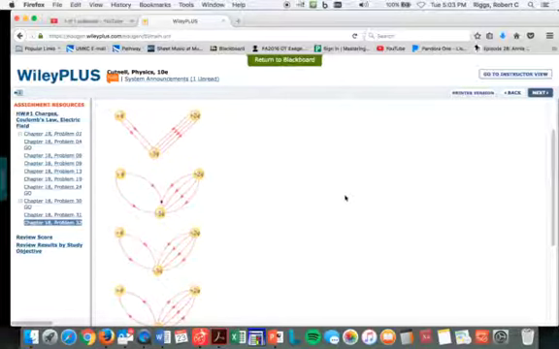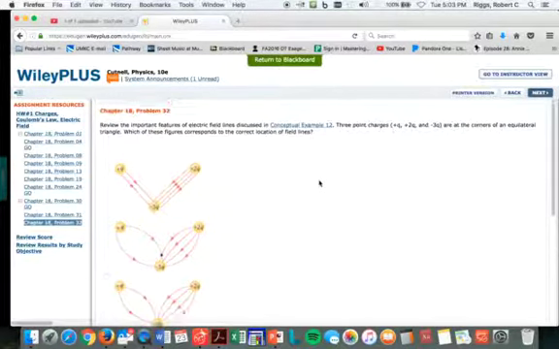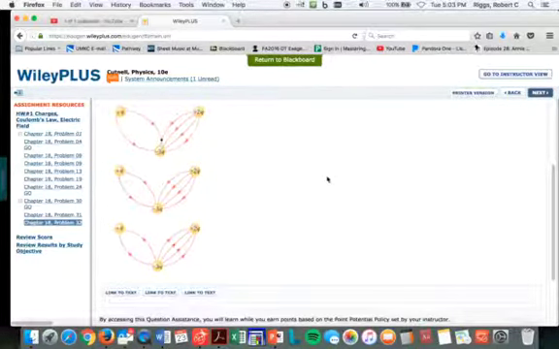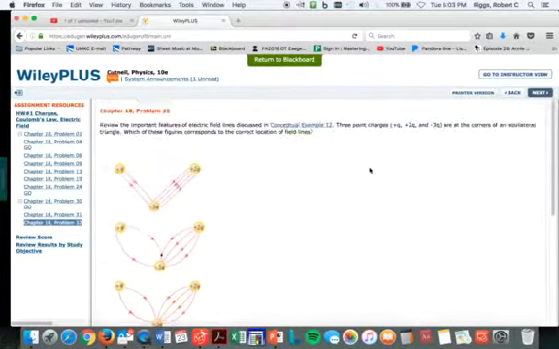What's the difference between these two? Ah, they cross right here. So which one of these is the correct representation of what the field lines look like? There you go. See, not bad at all.